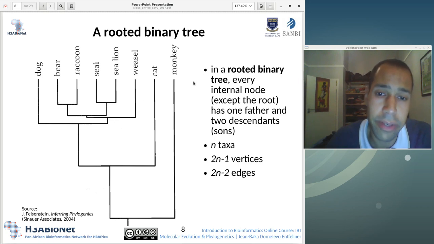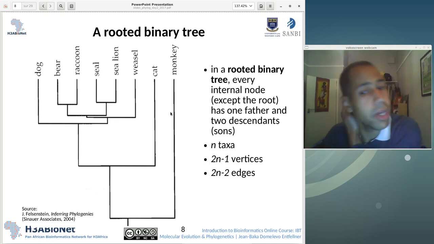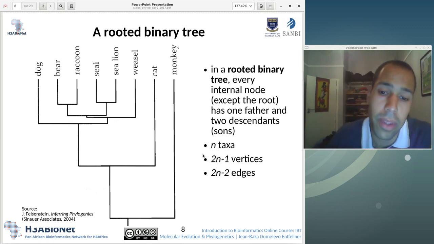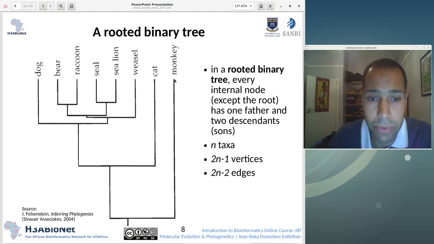When we have n taxa in a rooted binary tree, you can count on this example. We have 2n-1 vertices and 2n-2 edges, okay? So the vertices, at least we have the terminal vertices, the terminal nodes that are n, and we have n-1 internal nodes, okay?